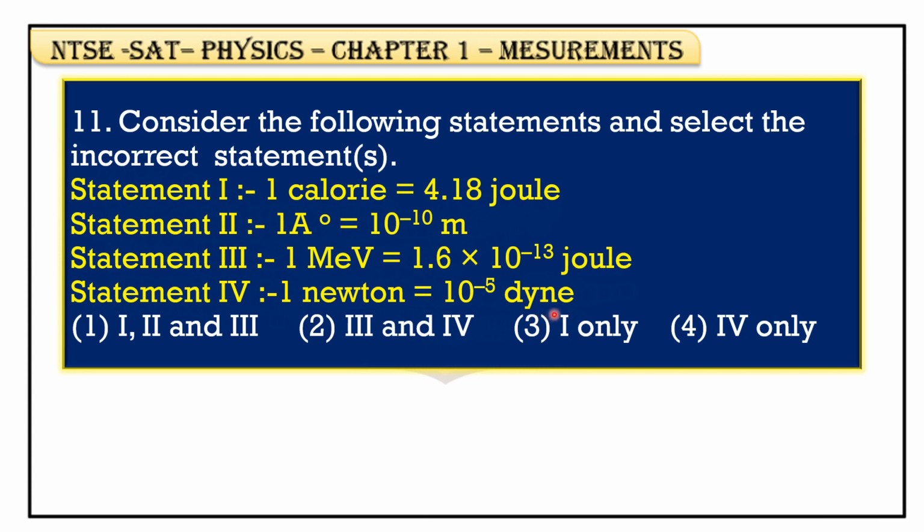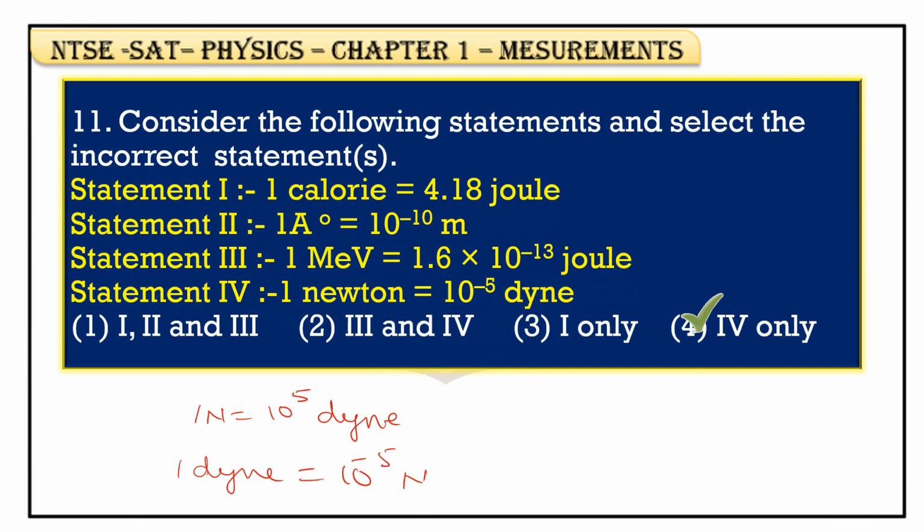Actually 1 Newton is equal to 10 to the power of 5 dynes, not minus 5. 1 dyne is equal to 10 to the power of minus 5 newtons, but saying 1 Newton is 10 to the power of minus 5 is incorrect. Correct statement is 1 Newton is equal to 10 to the power of 5 dyne. Okay, so which option is correct? Fourth option is correct. This is the only incorrect statement.